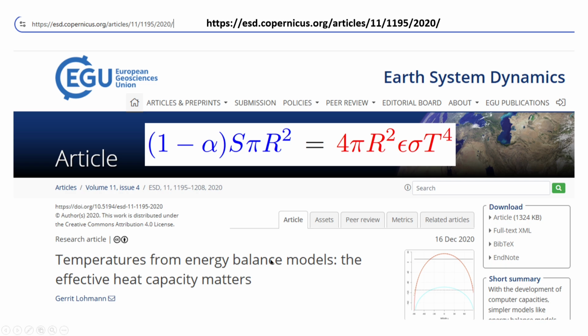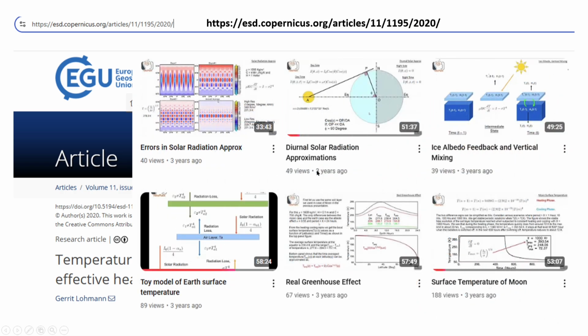This paper explains more about what is needed to get a proper estimate. Also, on our YouTube channel Neophysics, we have a couple of videos describing in more detail why this equation is wrong, and what other things we need to include to get a proper estimate.